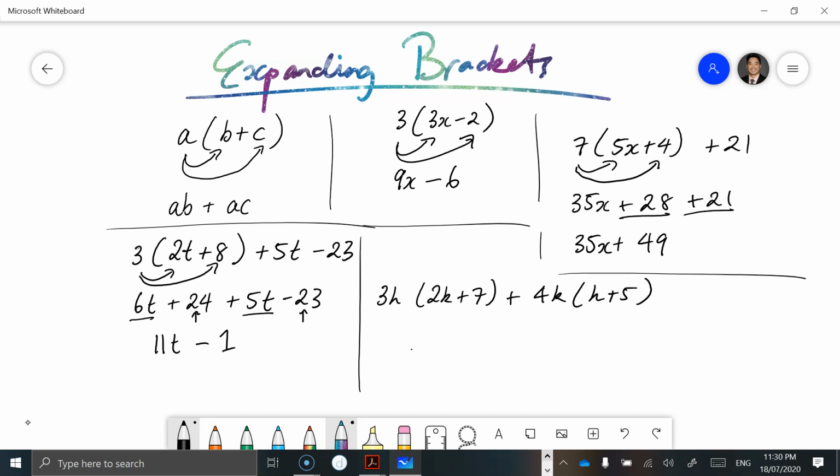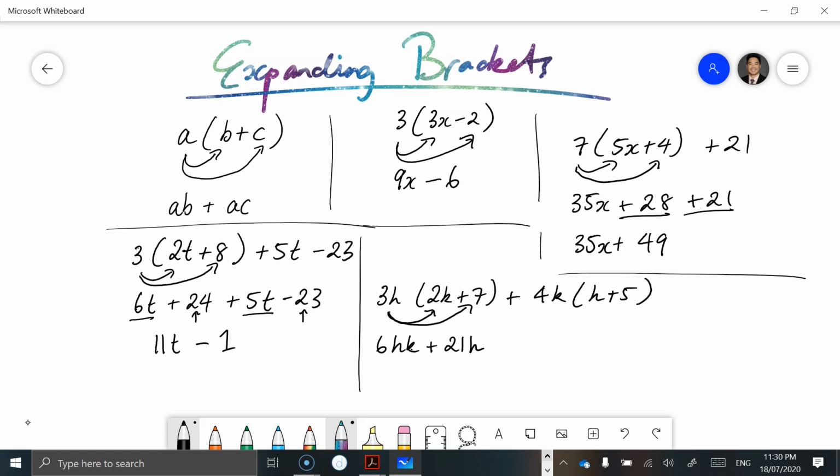Okay, so everything on the outside is multiplied by everything on the inside here. Then we're going to do the same thing with this portion. Everything on the outside multiplied by everything on the inside there. So with our multiplication, 3 times 2 is 6. h times k is hk. 3 times 7 is 21, and then h.